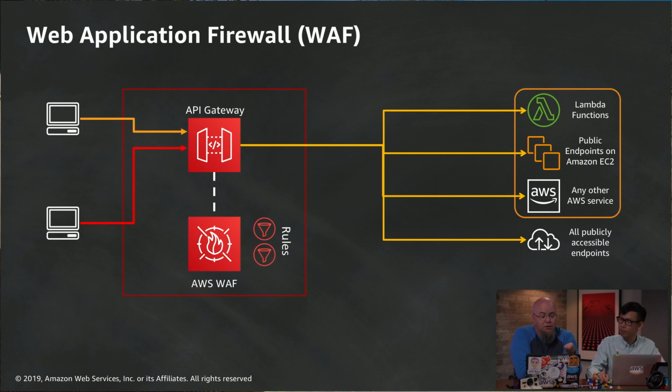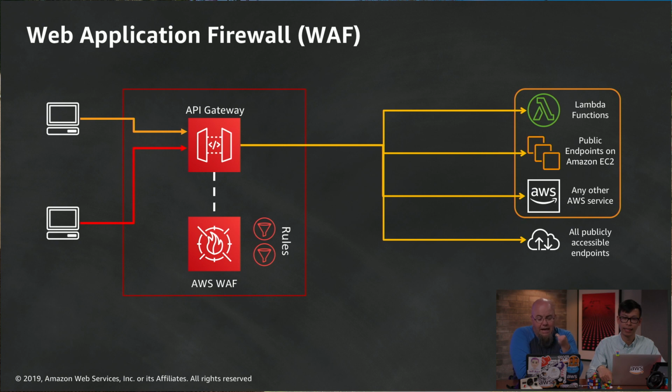There are different things we can evaluate, and we pass that to AWS WAF. The WAF evaluates it against the rules to see if it should be passed on or not. If it should, then it passes that integration right on through API Gateway to wherever destination it's supposed to go. However, if it shouldn't, then the connection is just dropped. Nope, you can't get by me.